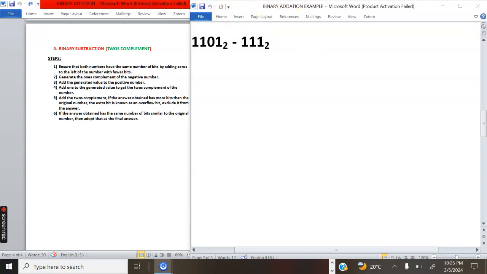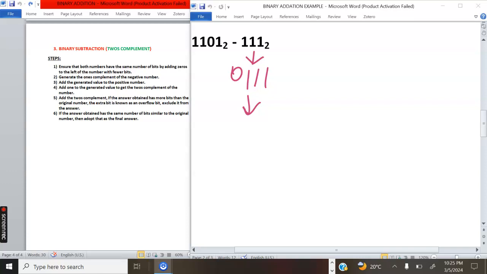So for this one we will have 0 1 1 1. Then the next step, we convert it into 1's complement. In 1's complement, whenever we have 0 it becomes 1, and 1 becomes 0.